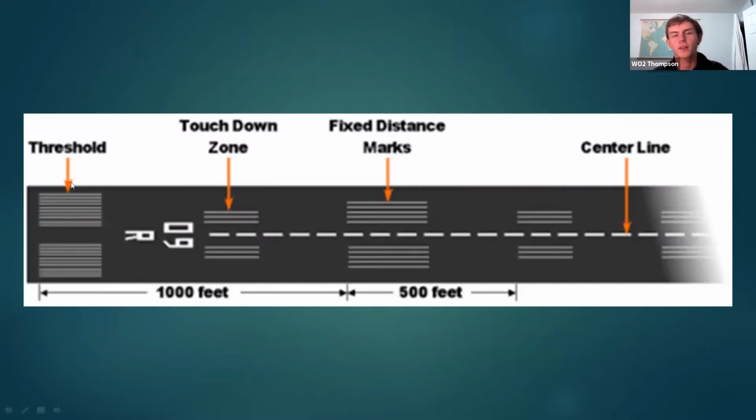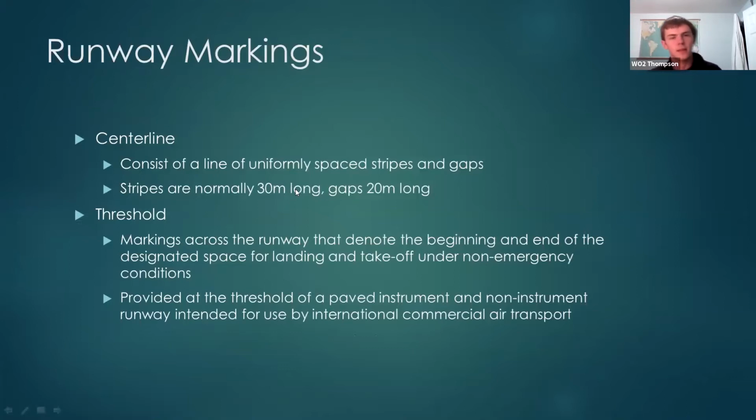So you've got your threshold, your touchdown zone, your distance marks, the line down the middle, your numbers, designated. Really, yeah, just space, stripes, and gaps to show you where to land and the last possible moment to decide to take off or not.